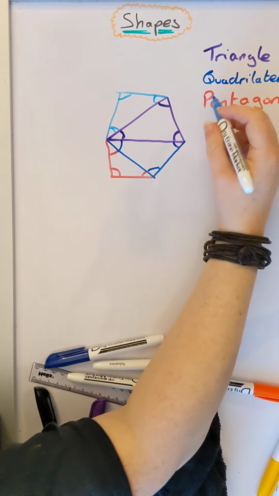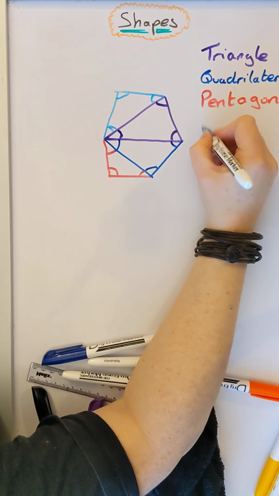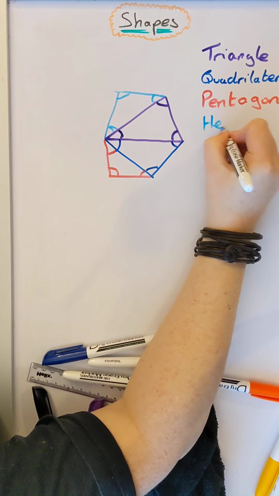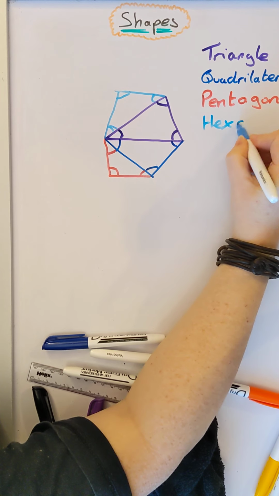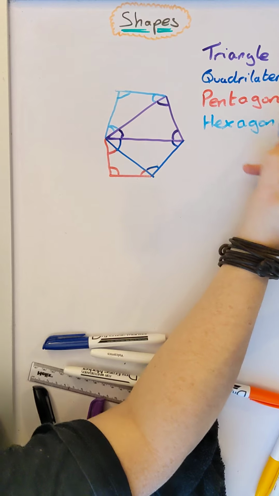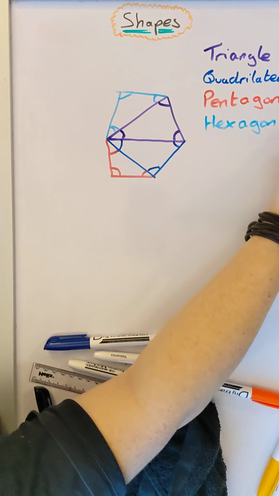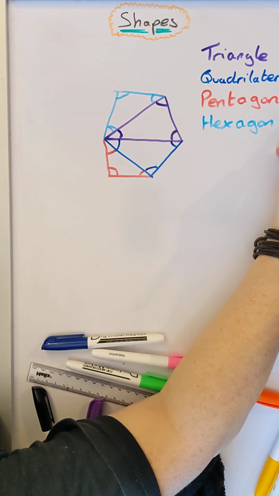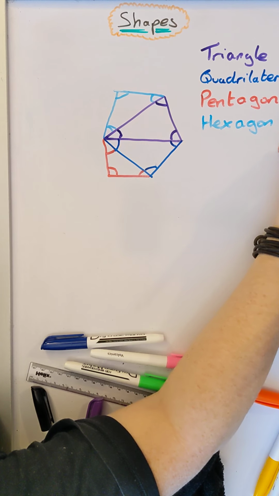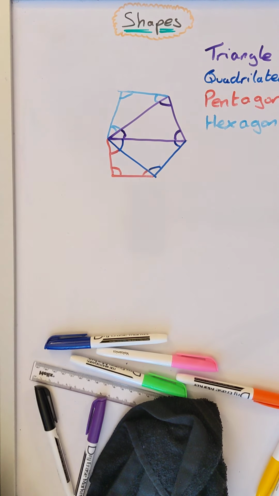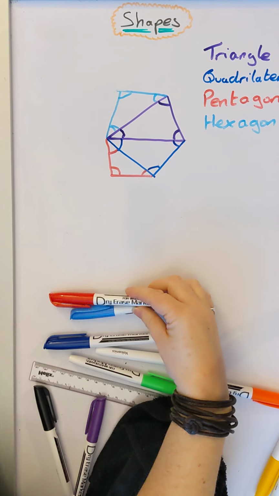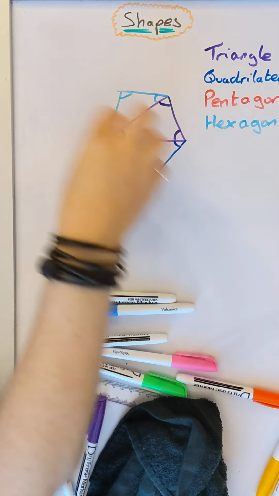I have now drawn on a 6th one, and that is our hex. So hex is 6, hexagon, and that gets us up another 180 degrees. So we're now on 720 degrees. And you can keep going like that, adding on more and more.